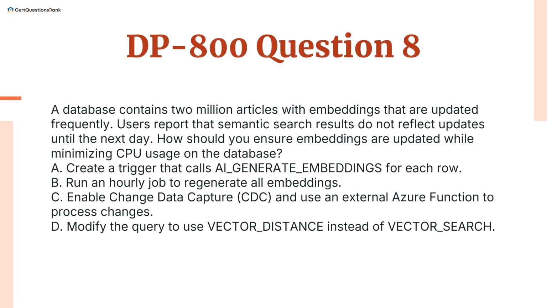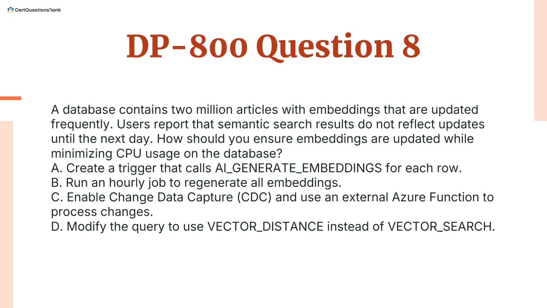A database contains 2 million articles with embeddings that are updated frequently. Users report that semantic search results do not reflect updates until the next day. How should you ensure embeddings are updated while minimizing CPU usage on the database? A. Create a trigger that calls AI_GENERATE_EMBEDDINGS for each row.